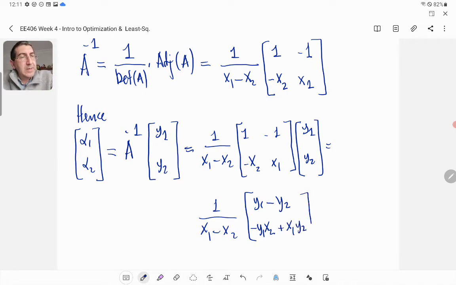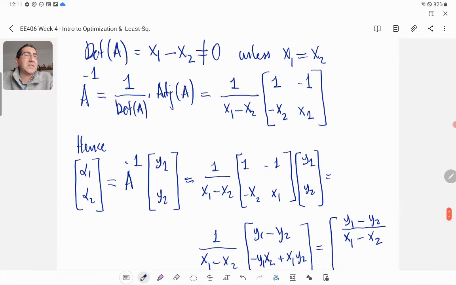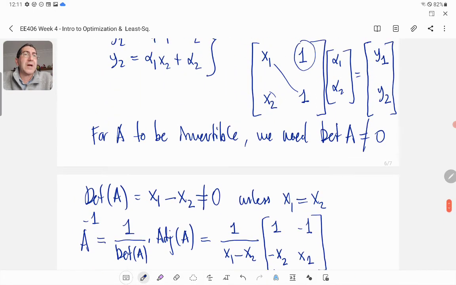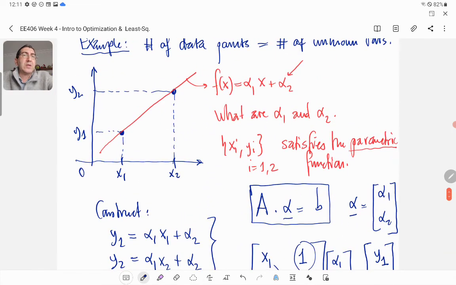Okay, so that becomes simply y1 minus y2 over x1 minus x2. Now you would notice that this is nothing but the slope of the line. The difference of y divided by the difference of x is basically the slope of this line, and the slope of the line is nothing but alpha 1, right?